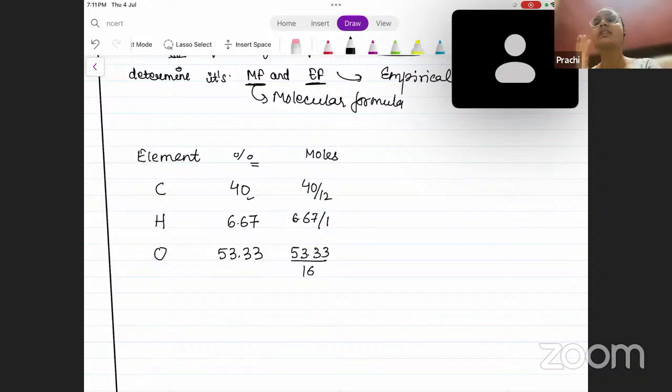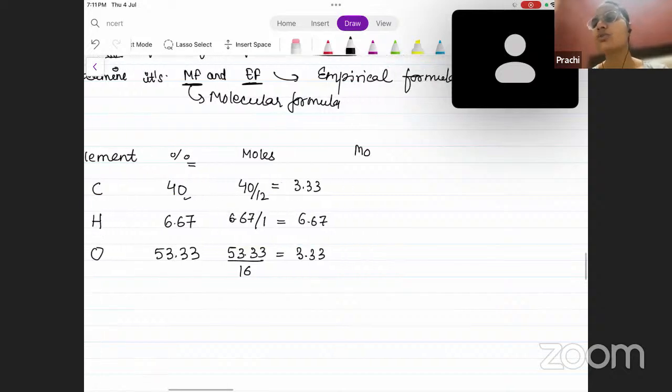You have to follow the same procedure for all the numericals. Now once you calculate the ratio, I'll write the values here. What you will get is 3.33, then 6.67, and again for this you will get 3.33. Now you have to divide these moles by the lowest value.